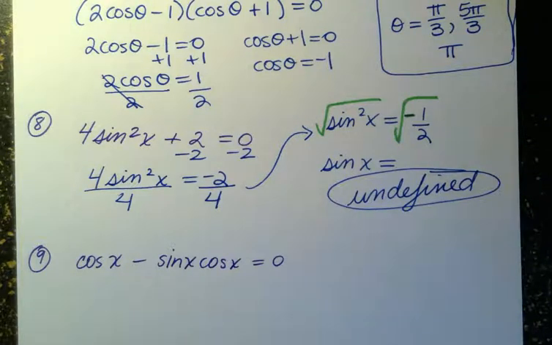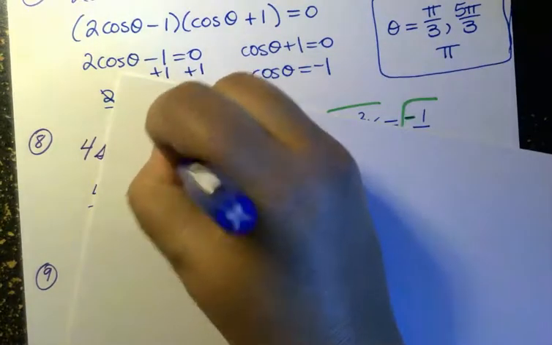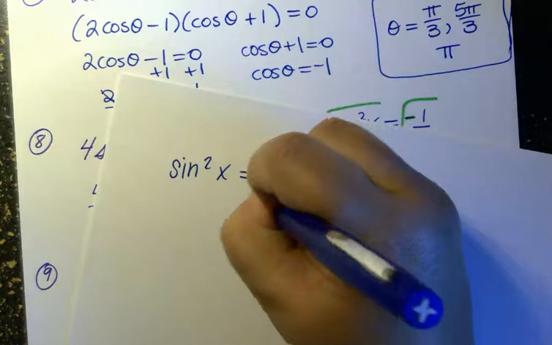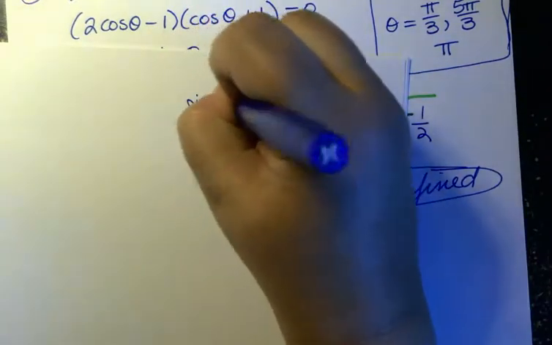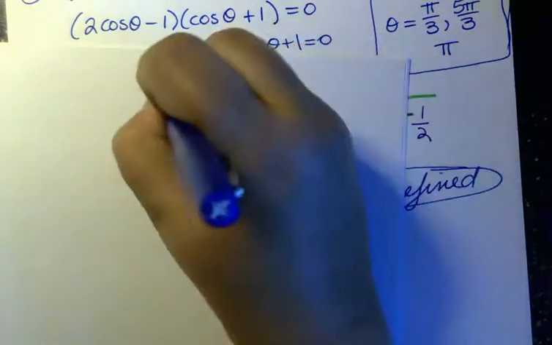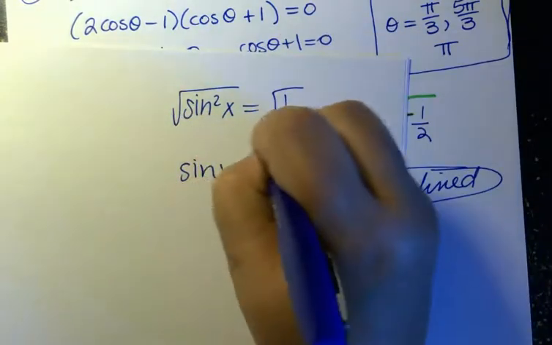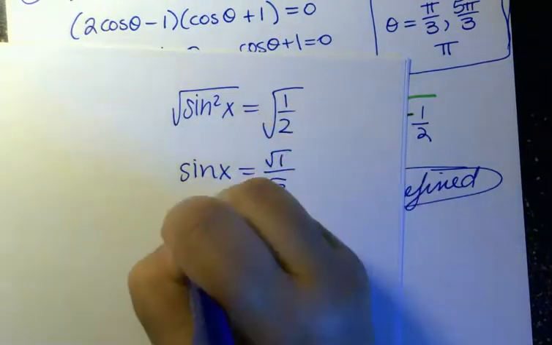What if, just for argument's sake, it had said sine squared is positive 1/2? Oops, sorry. Yeah, let's rewrite that. Sine squared is positive 1/2. Okay. Then we would have taken the square root of both sides. Then sine is square root of 1 over the square root of 2. Square root of 1 is just 1.